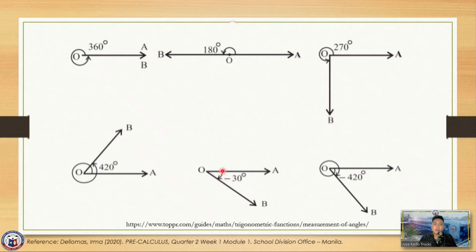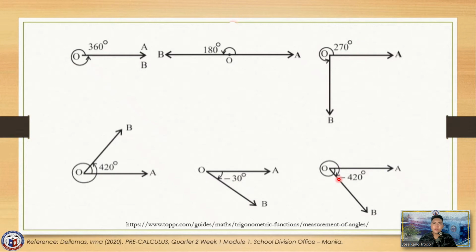So negative 30, go down 30 degrees, that is negative 30. How about this? Still negative 420. This one is counterclockwise, going to the left, but this one is going to the right, so clockwise. You start counting downward, and there is negative 360 plus another 60, that's negative 420.